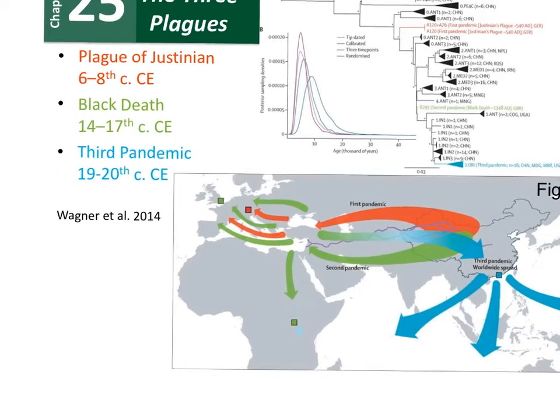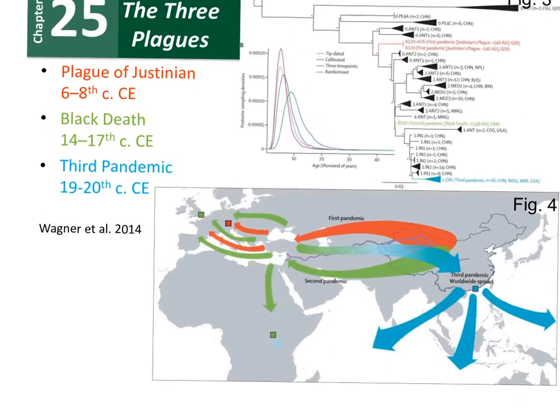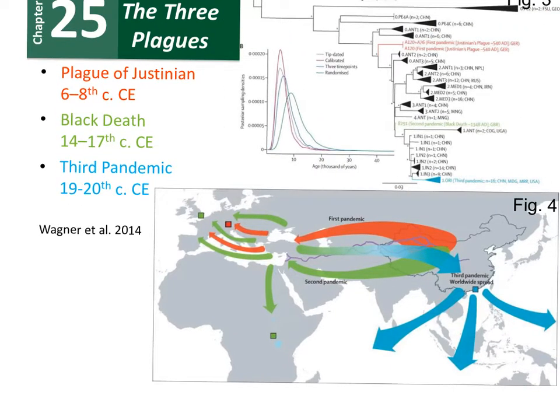And then finally, there was a third pandemic in the 19th and 20th centuries, and it spread throughout. Actually, it probably started in the middle of Asia.